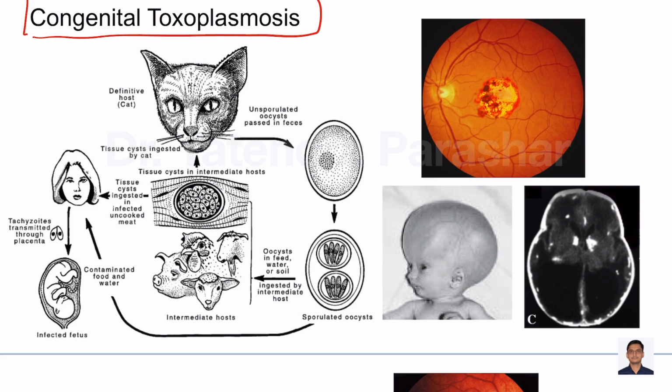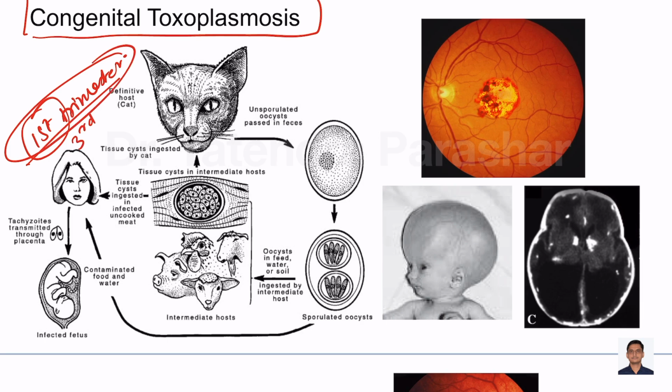However, the severity decreases as the gestational age increases. It is most severe if acquired during the first trimester and least severe if acquired in the third trimester.